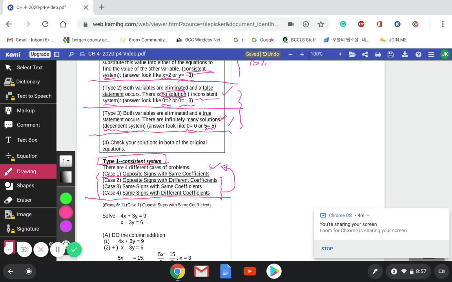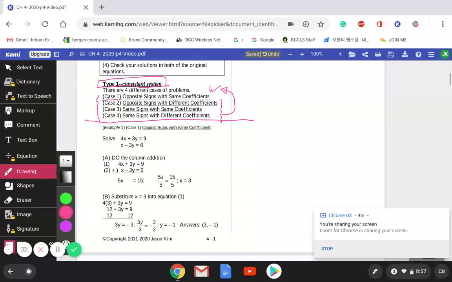Now let's look at case 1. Case 1 is when you have opposite signs with the same coefficient. As you see here, you have 3y and negative 3y. In x, you have 4x and x. So they have different coefficients with the same sign. That's what we are not looking for. We are looking for opposite signs with the same coefficient.